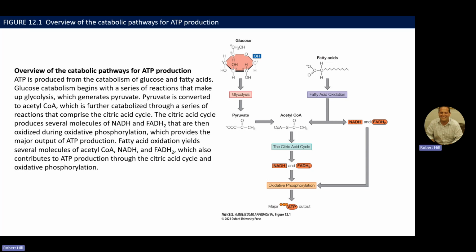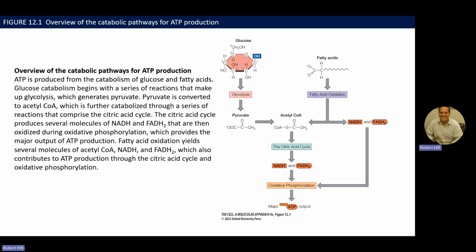All right, so imagine a cell that doesn't have a mitochondria that can only do this anaerobic form of metabolism. There's no oxygen involved. So in order to do anaerobic metabolism, let's say the cell has an unlimited supply of glucose.